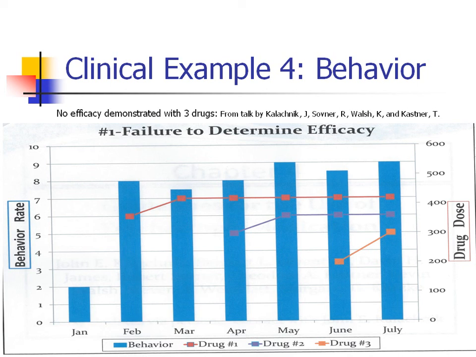And this is not a real case. This is just showing a principle that they have seen demonstrated in real cases, showing in February behavior going up, and drug number 1 is started. It doesn't work, so they add another drug. That doesn't work. They add a third drug. That doesn't work. So this is how people end up on polypharmacy.